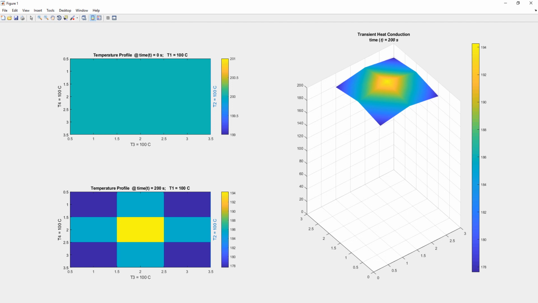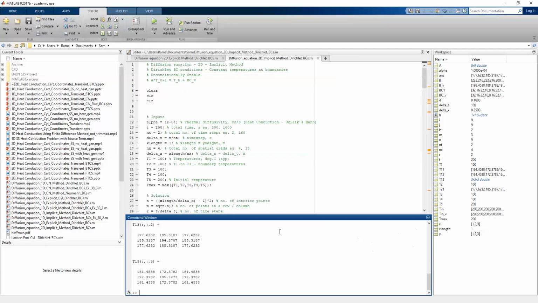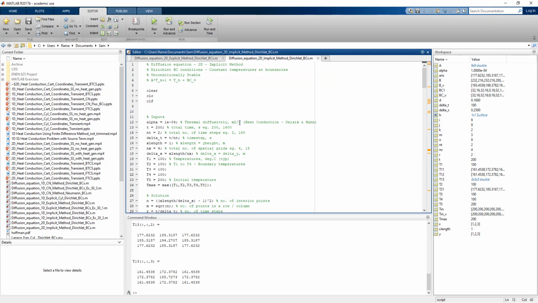We'll go back to MATLAB now and we'll vary the grid spacings, time steps, and total time. Let's change the total time from 200 to 1600 seconds and the number of time steps from 2 to 160. Accordingly, our delta t becomes 10 seconds.